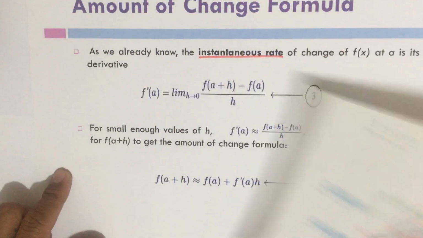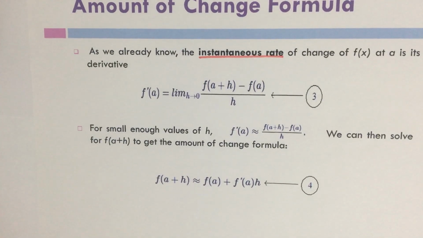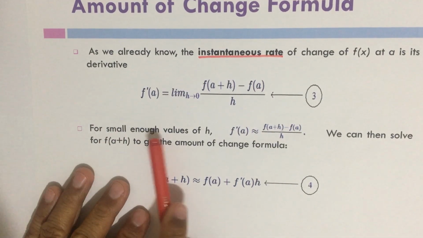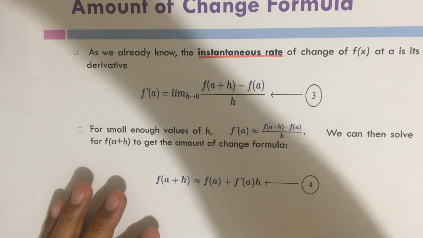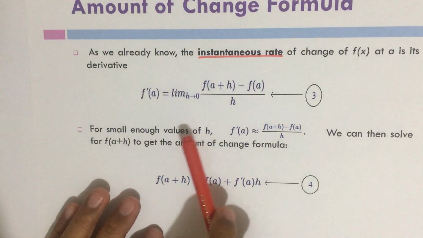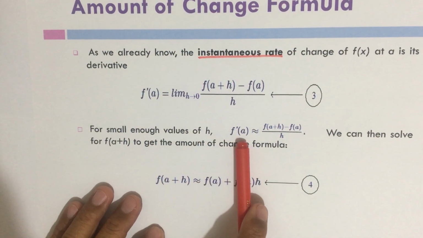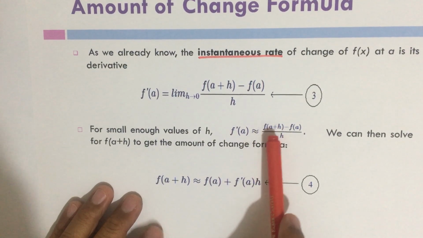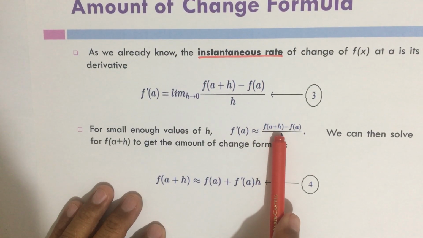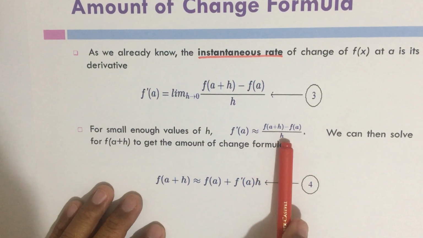So for a small enough value of h, f prime of a can be approximated as f of a plus h minus f of a, divided by h.